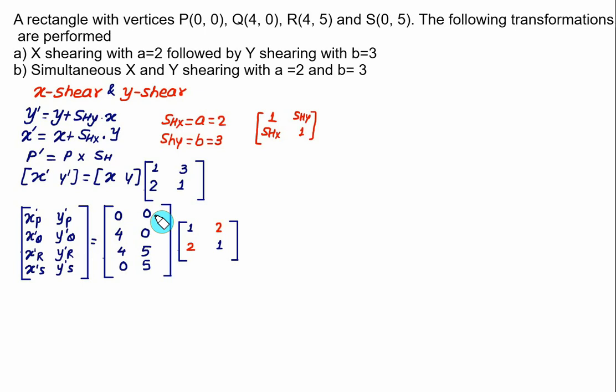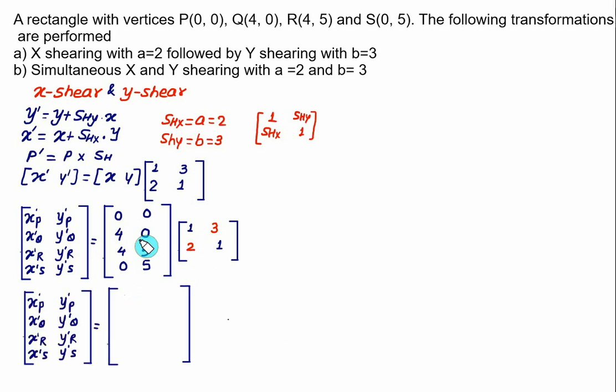The coordinate of P is 0, 0, coordinate of Q is 4, 0, coordinate of R is 4, 5 and coordinate of S is 0, 5. And we have shearing matrix is 1, 3, 2, 1. So we have 0 into 1 is 0 plus 0 into 2 is 0. 0 into 3 is 0, 0 into 1 is 0.